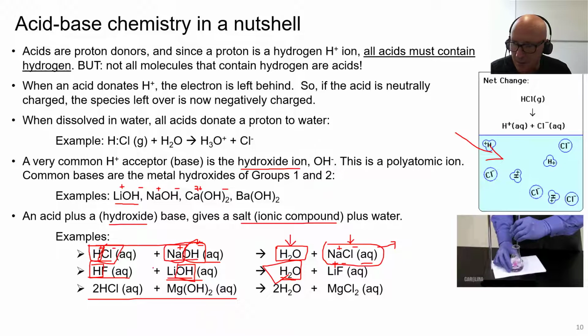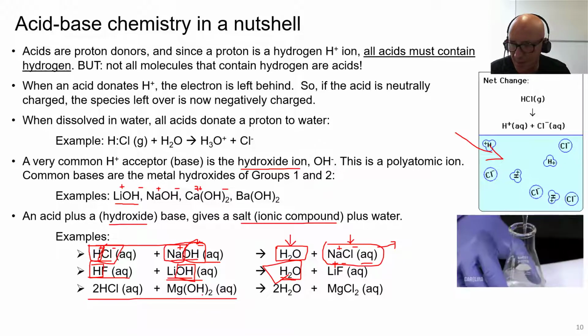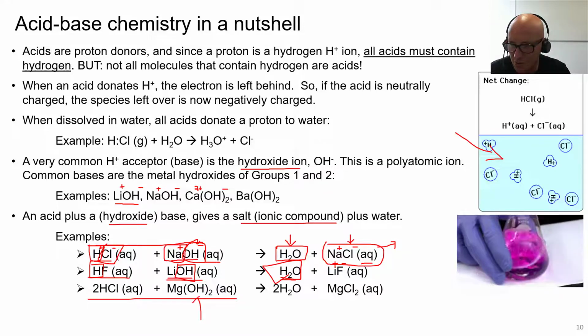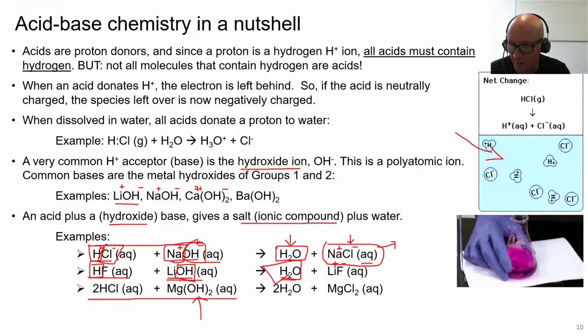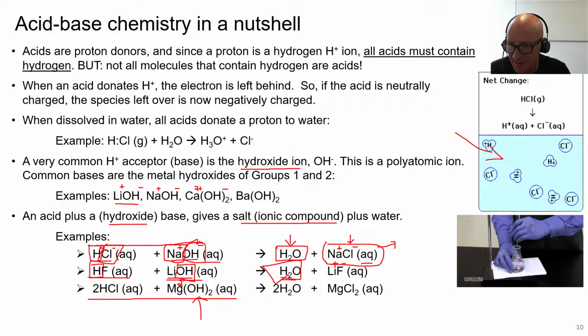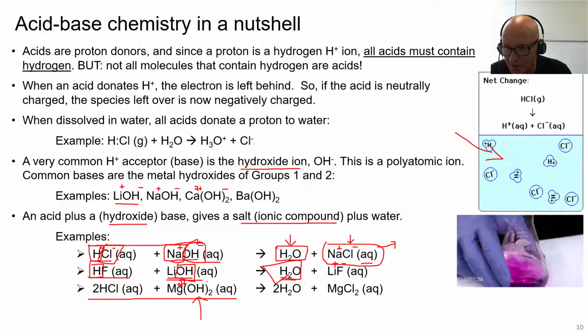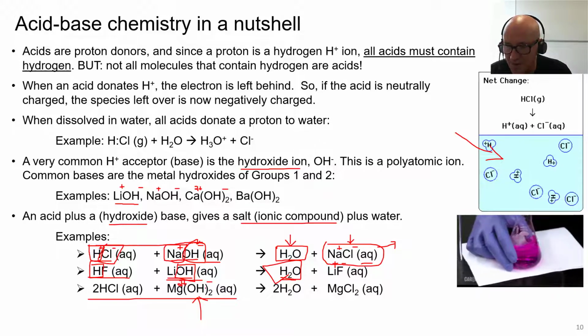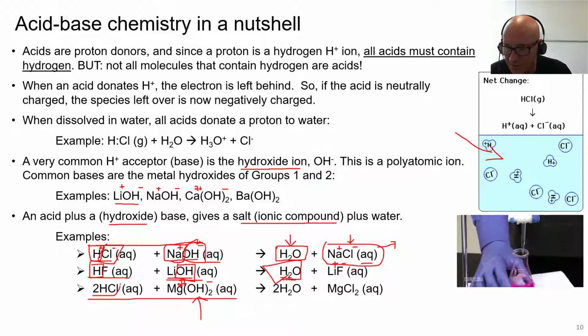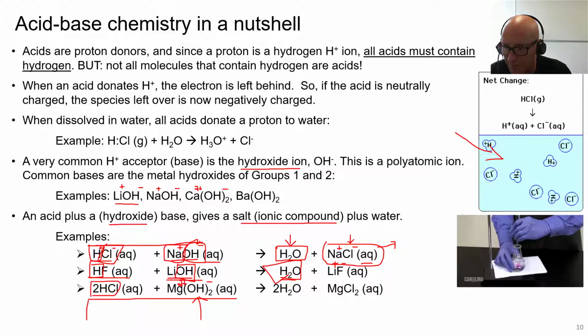This one here's a little bit different because this is magnesium hydroxide and it's got two hydroxide ions for each magnesium ion. This is Mg2 plus. Look at your periodic table, you'll see that it's in group 2. This is 2 lots of OH minus. So you actually need 2 lots of this stuff. Remember the stuff last week about coefficients?